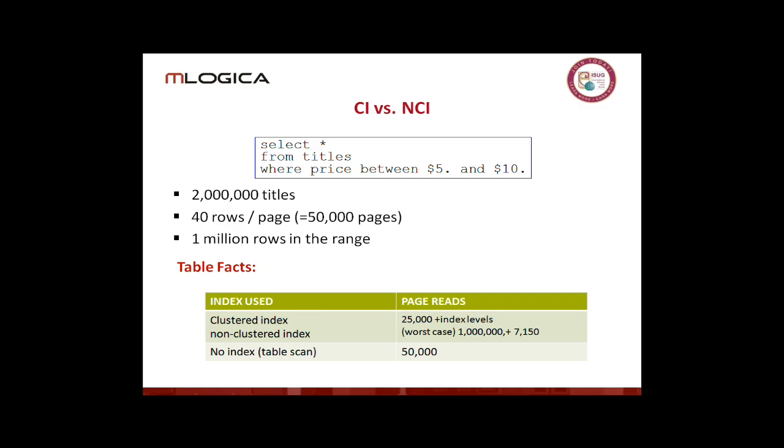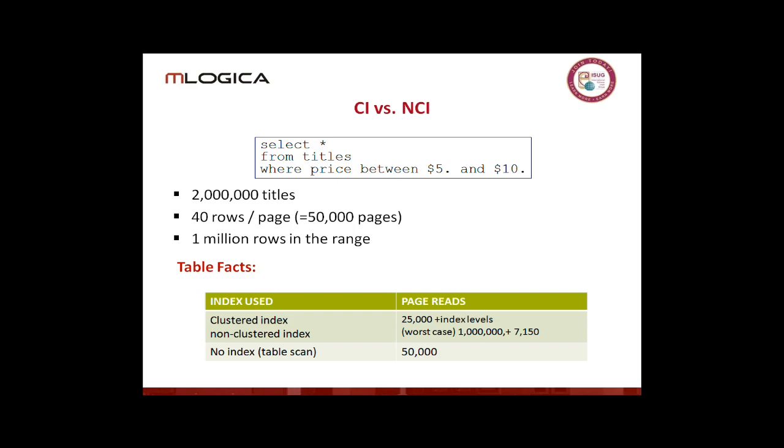That costs us 3 or 4 IOs to get there. Once we get past that point, we'll table scan until we get to that $10 book, and then we'll stop. Why? Because we know that there are no more $10 books past the tail end of that. 1 million rows, therefore, using the clustered index, we're going to scan half the pages. So it's about 25,000 IOs.